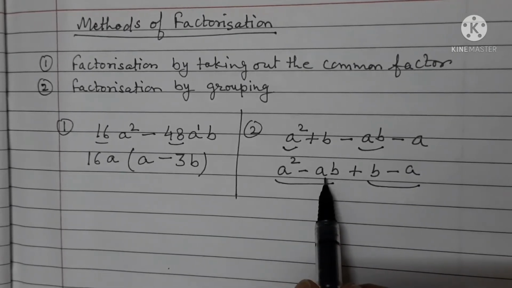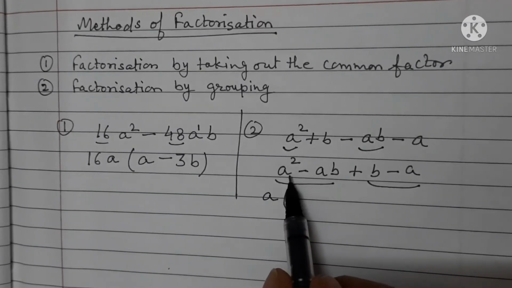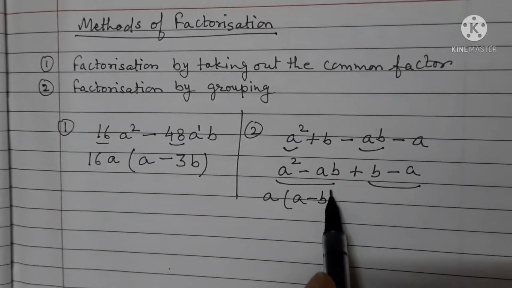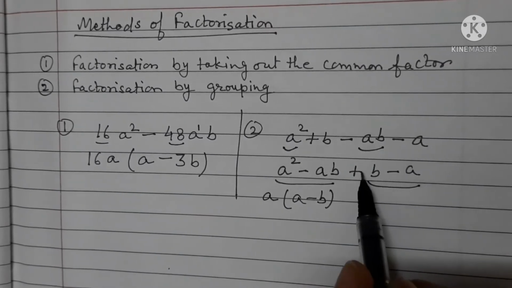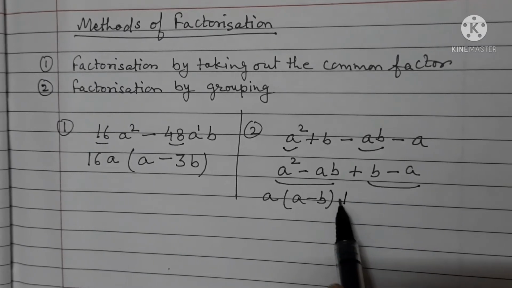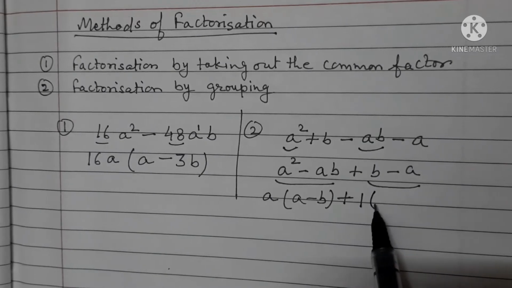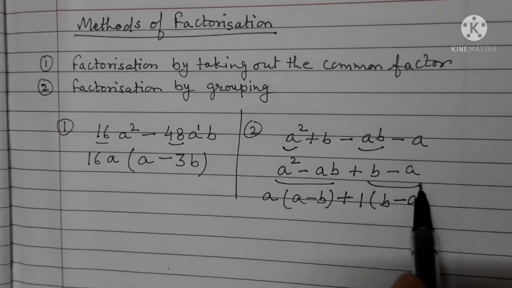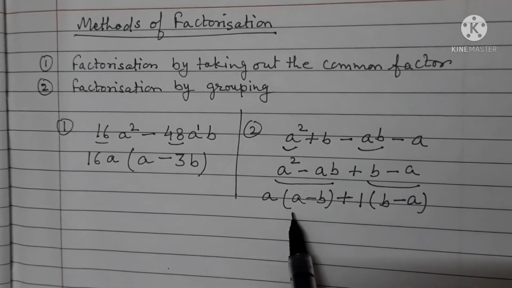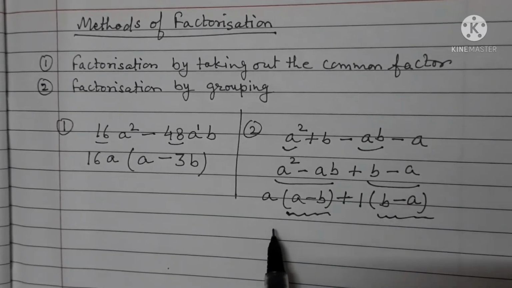Now here you can take a as common, and in the bracket you will get a minus b, and here no common factor except 1. So put the sign plus, or you can write 1, or no need to write 1, and write in the bracket the remaining part. Now here you can take a minus b from both the terms as common.